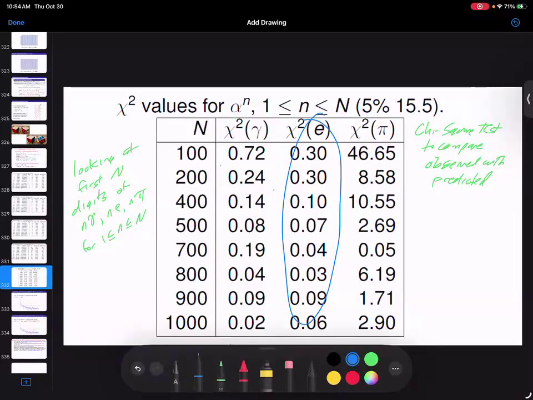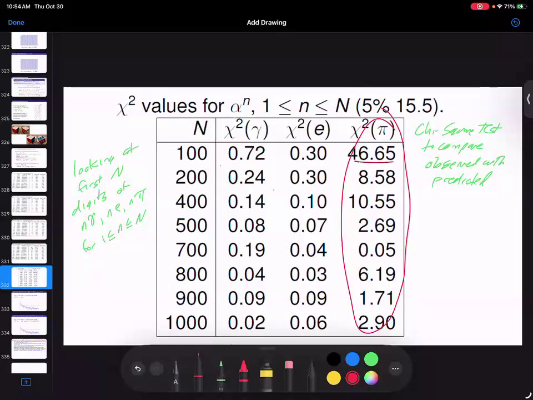Are they less than 15.5? Yes. Yeah, they look pretty small. What about pi? What do you think? No. Well, it started off large, then it got smaller, but then it got large again, got small, but it never got as high as 15.5 again.